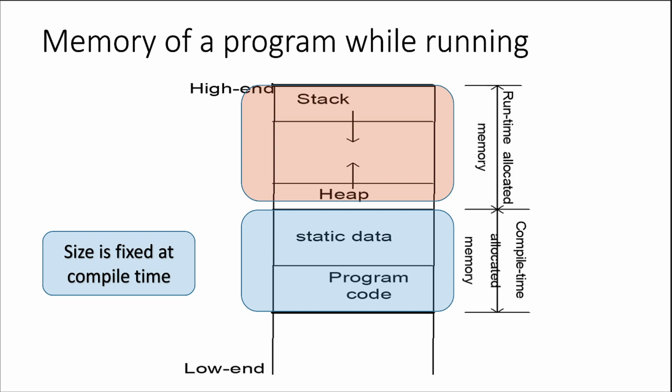That is, 3 kilobytes are in the fixed size area. So out of 32, if 3 are gone, 29 kilobytes are on the upper side, the dynamic runtime allocated memory. Out of the 29 kilobytes, what is the stack size and what is the heap size?